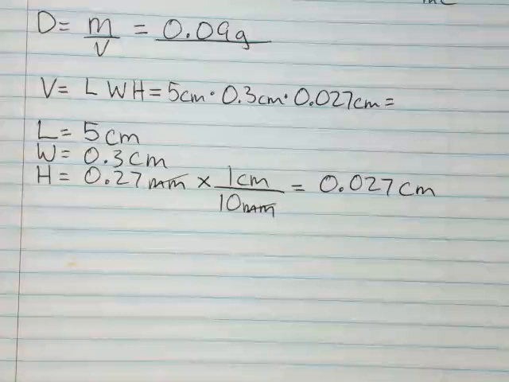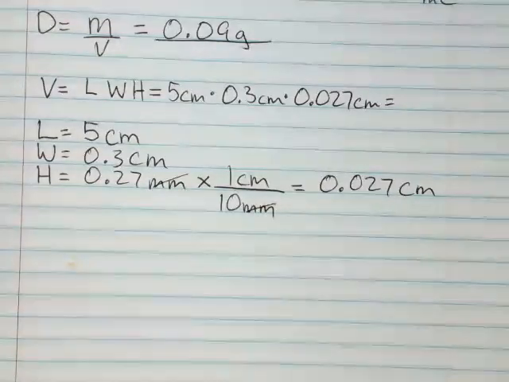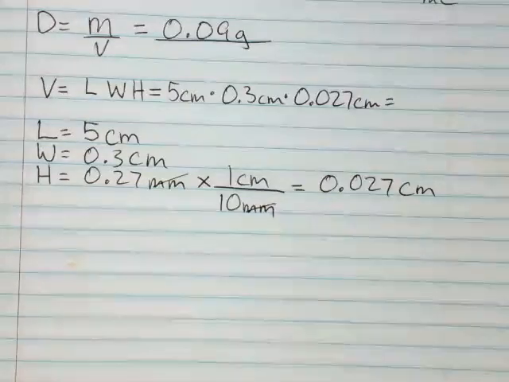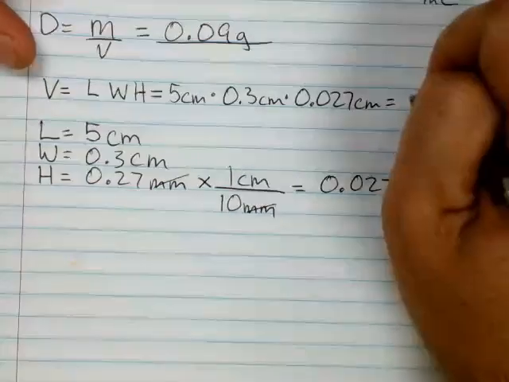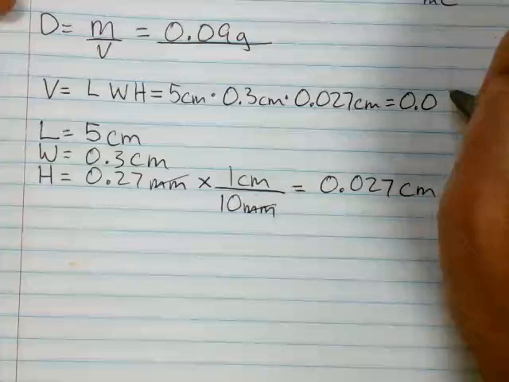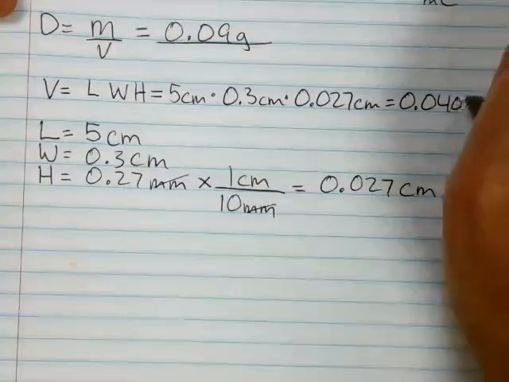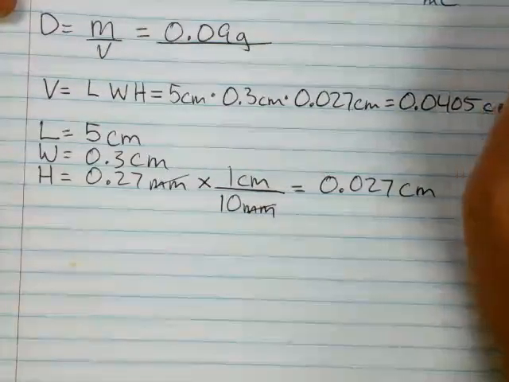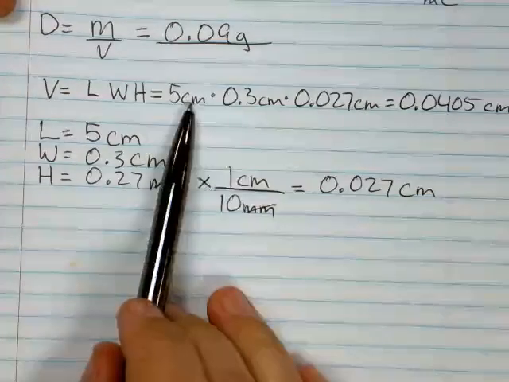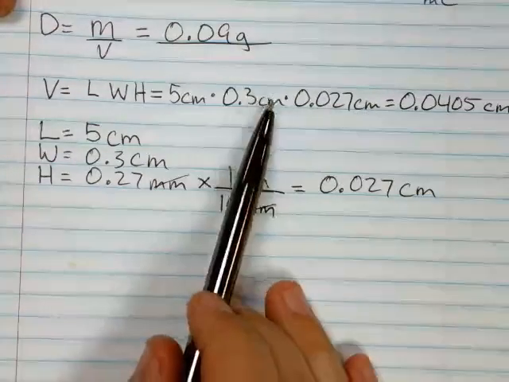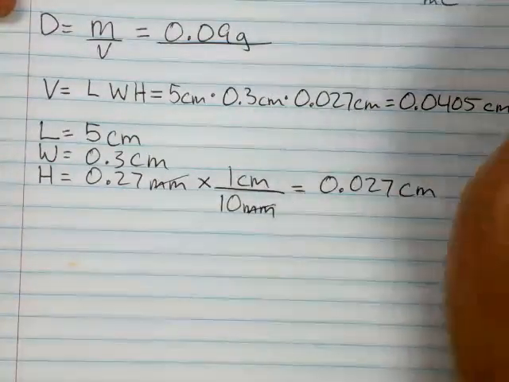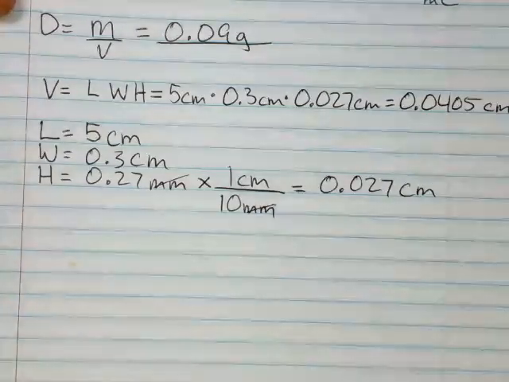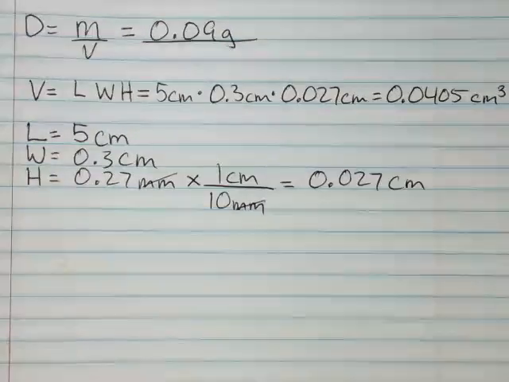Tyler, what did you say you ended up getting when you calculated that? 0.0405. Yep. 0.0405 centimeters, 1, 2, 3. So centimeters times centimeters times centimeters gives you centimeters cubed. That's how you do it.